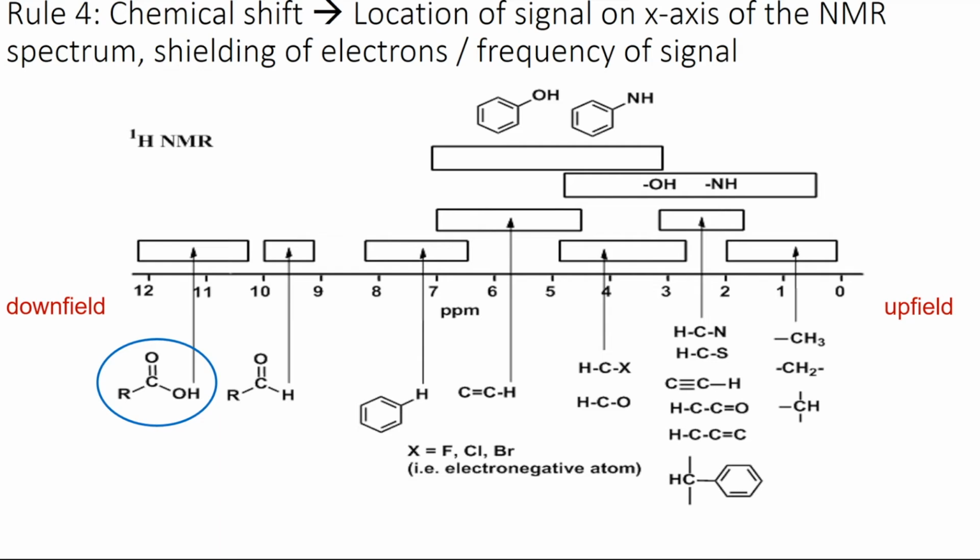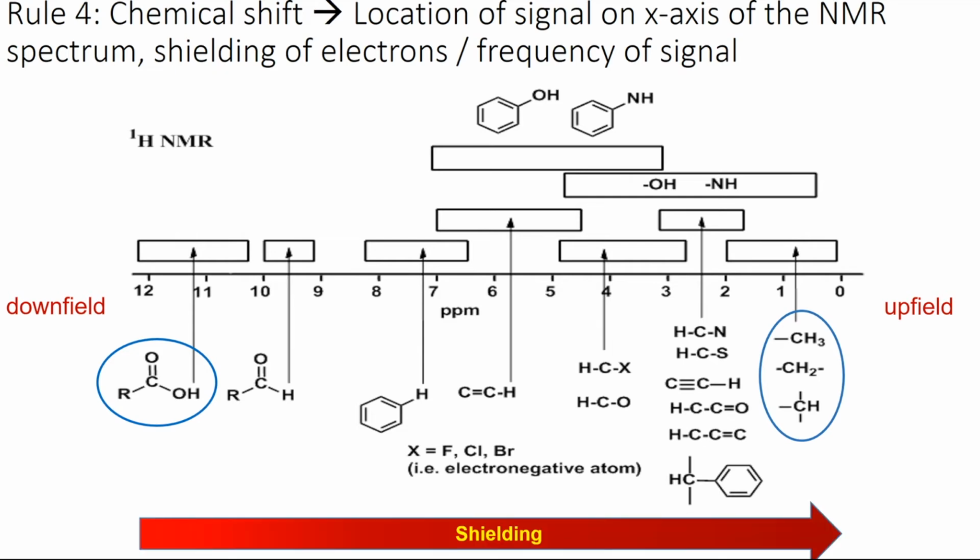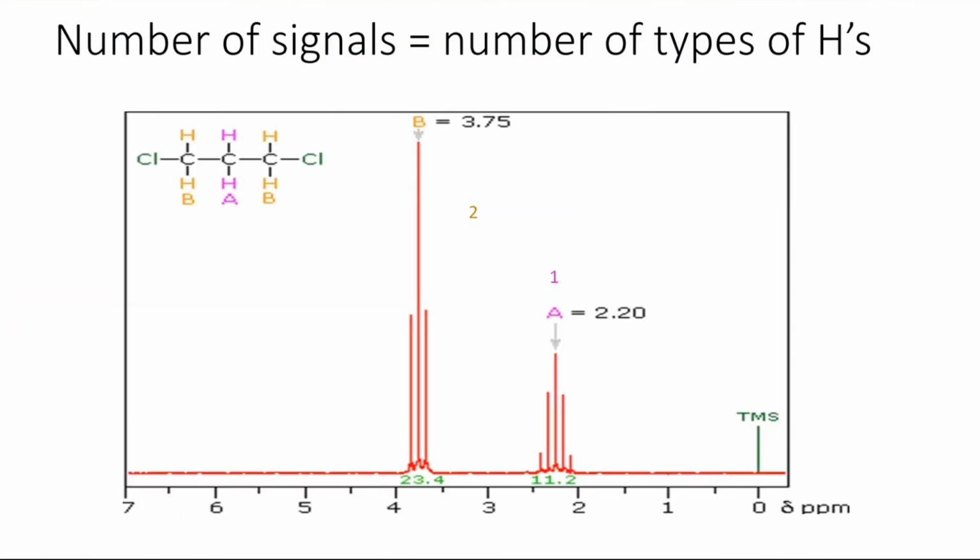However, as we go further upfield, the signals are from hydrogens that are more shielded with electrons. For example, at this far end, we have groups like CH3 or CH2 where there aren't highly electronegative atoms competing for electrons, and therefore the hydrogens here will have more available electrons that will shield them. And so the pattern of shielding can be shown by this arrow, where upfield signals are from hydrogens that are more shielded, and downfield signals are from hydrogens that are more deshielded by electrons.